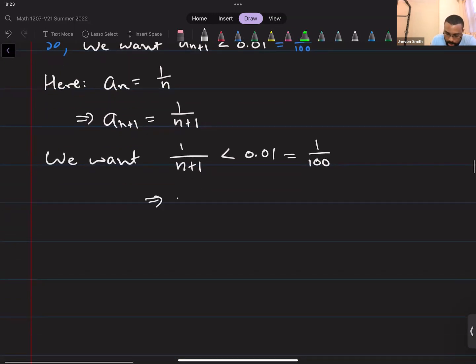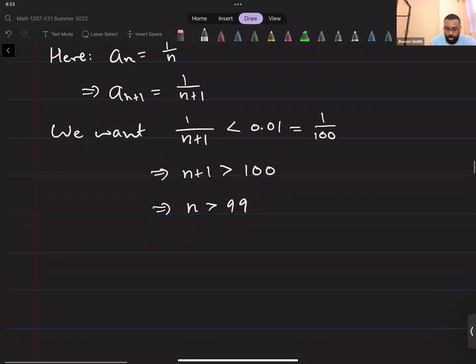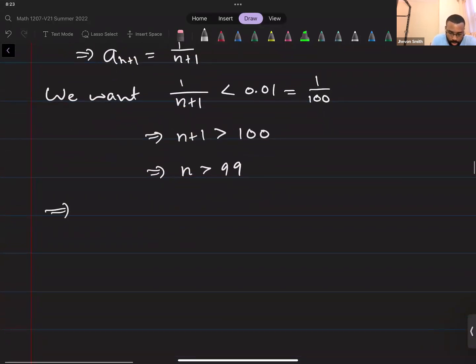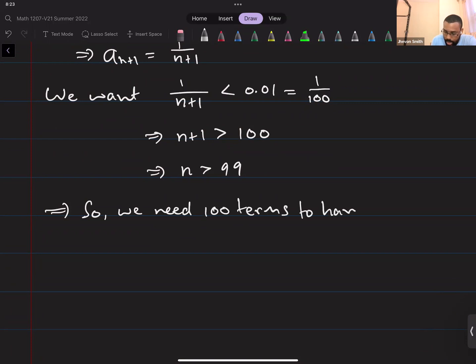So this, of course, means that n plus 1 needs to be greater than 100, which means n needs to be greater than 99. So that tells you how many terms we need. We need 100 terms to have the desired accuracy.